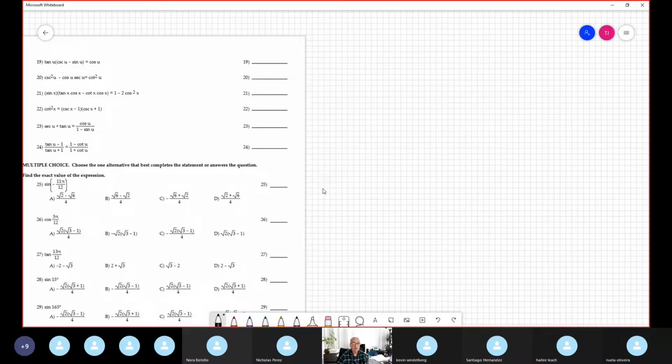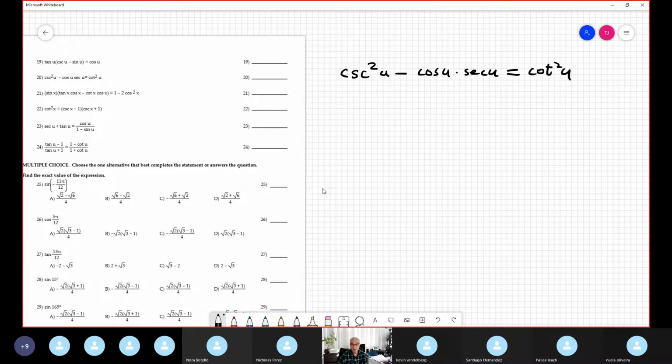In real life, suppose you need to prove something. We can use software. And you put this, suppose this: cosecant square minus cosine u multiplication secant u should be cotangent square u.